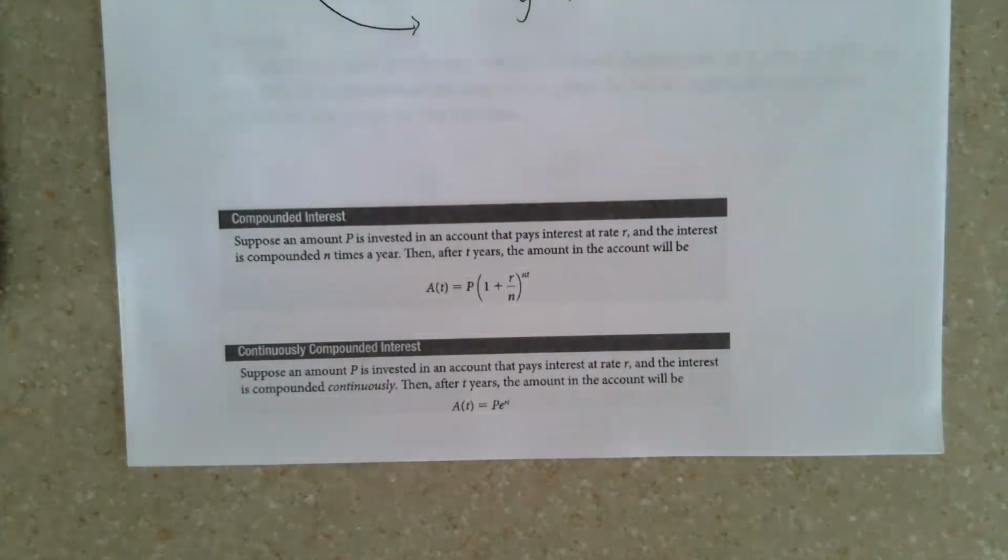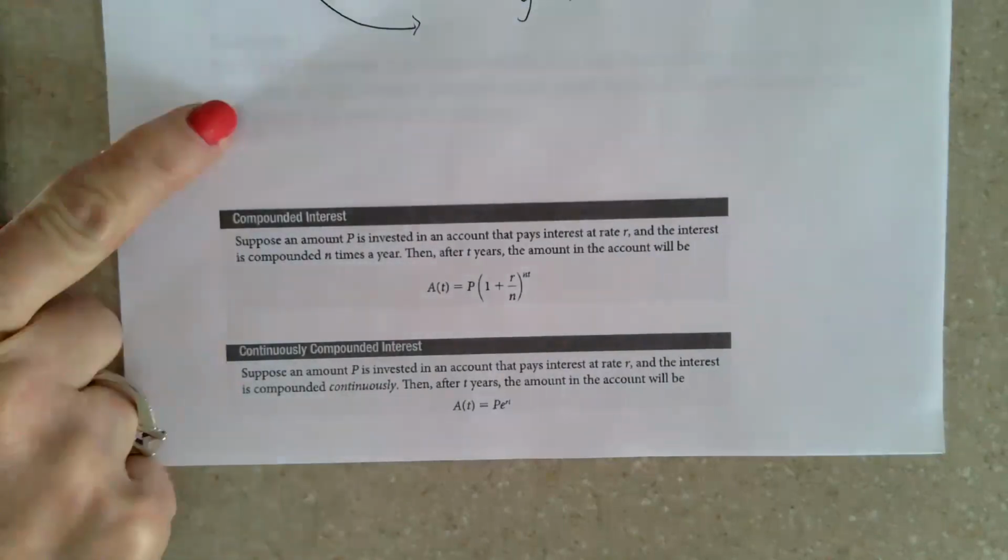You pay interest when you borrow money, for example to a bank for a car loan or a house loan, or for a credit card if you don't pay your balance off every month. Or you might borrow money from your parents to help pay for college, and so you might pay them interest.